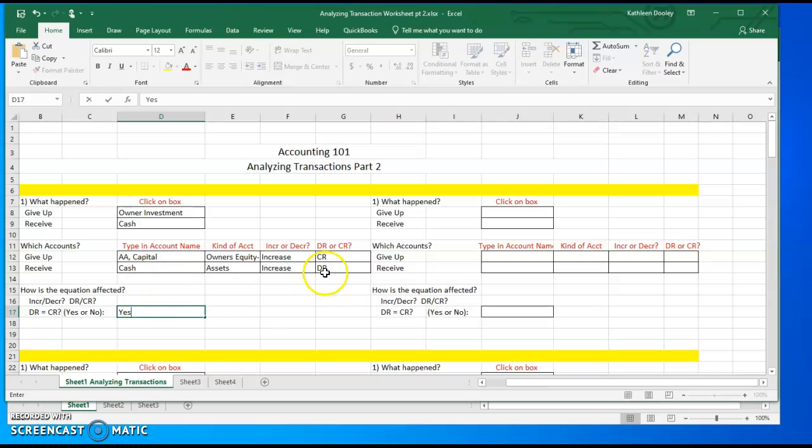Two debits does not equal 0 credits. Two credits does not equal 0 debits. You need one debit and one credit. If you have two debits or two credits, you got something wrong. Okay, all right, now we'll go to the second transaction.